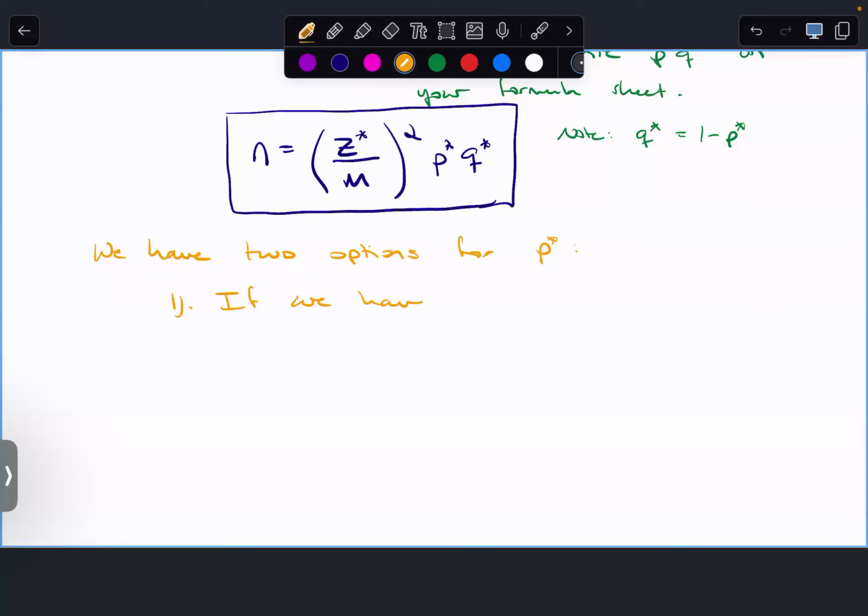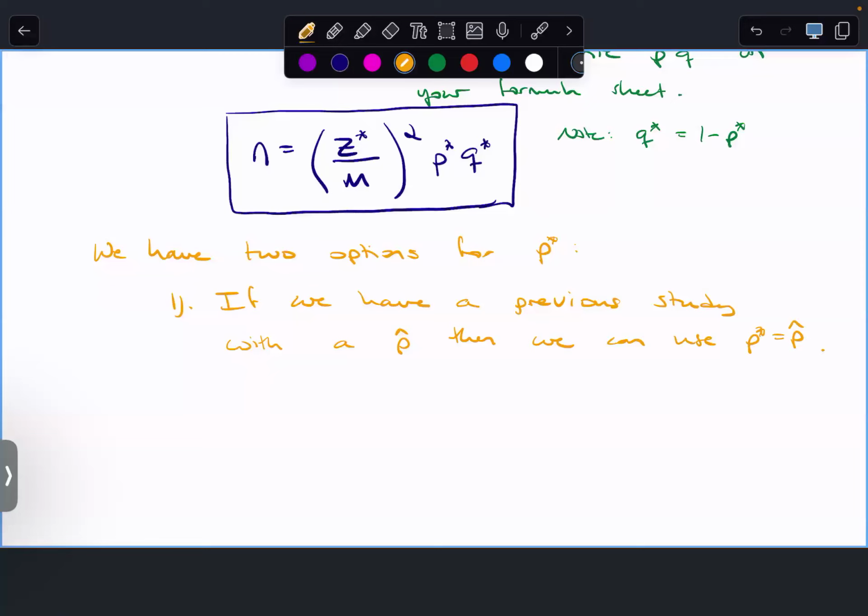So if we have a previous study with a p hat, so some sample proportion, then we can use p star is equal to that p hat. That's assuming that we have knowledge about the population.